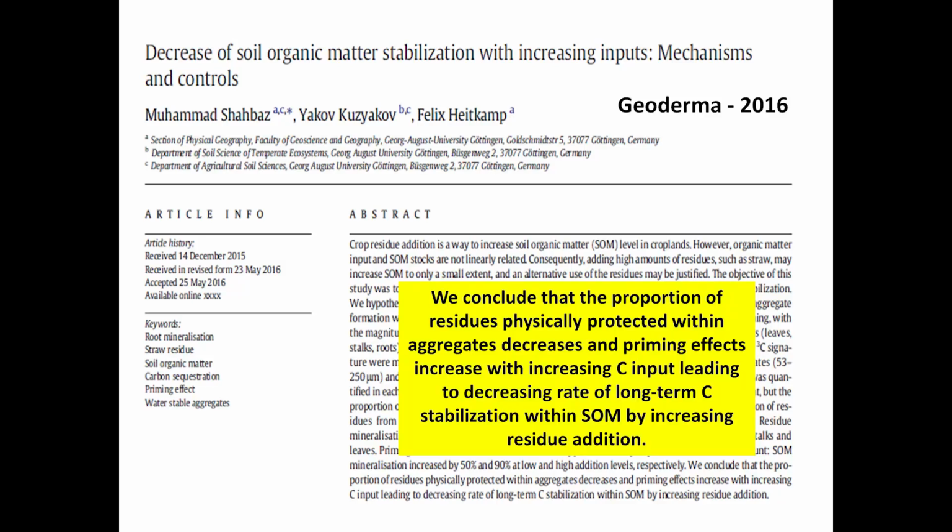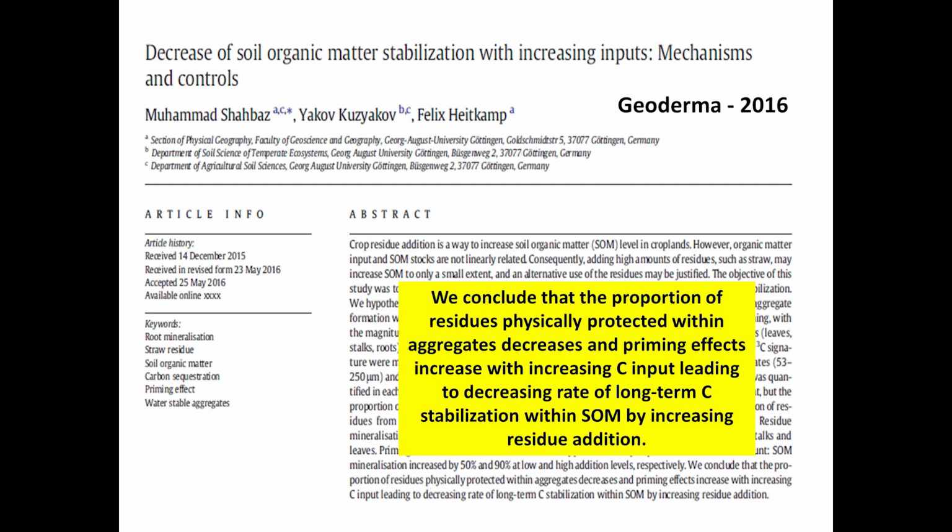Now, let's come back to the story of modern agriculture. These high residue inputs, why are they not building organic matter? I've already said that these high residue inputs are changing the metabolism, and obviously the same diet will have a different effect on someone with a high metabolism versus a slower metabolism. This is an interesting article that looked at the effect of different quantities of residue.